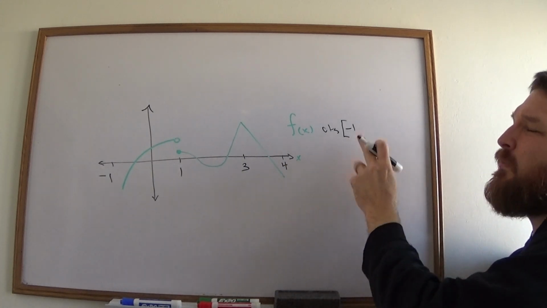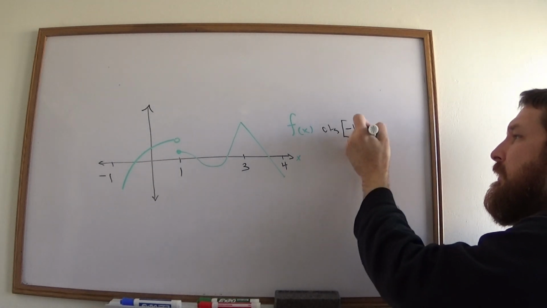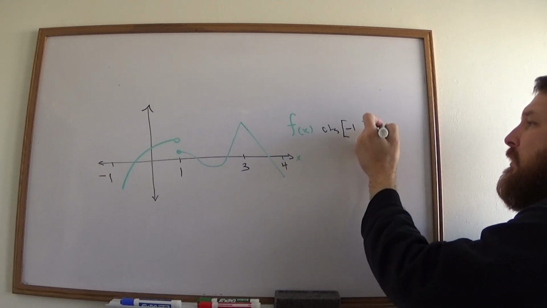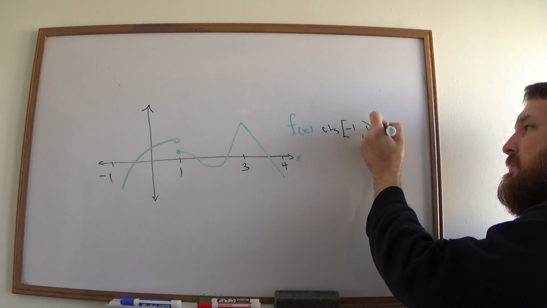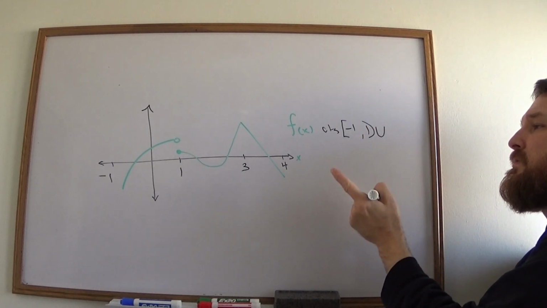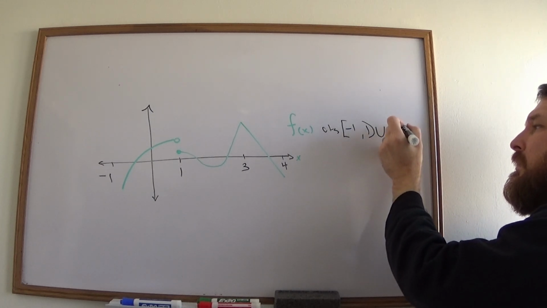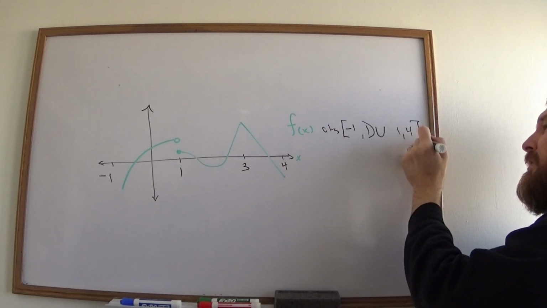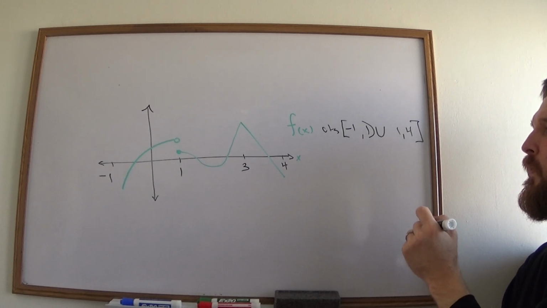So we include 1, and then we go from 1 to 4. I'm asking where it's continuous. Both hard brackets. 4 would be hard, and 1 is a hard bracket too, because it's defined there.